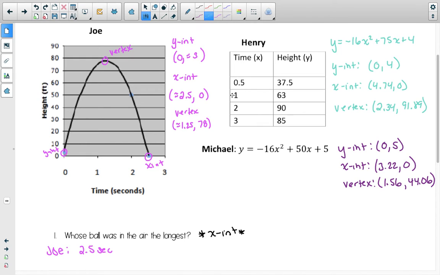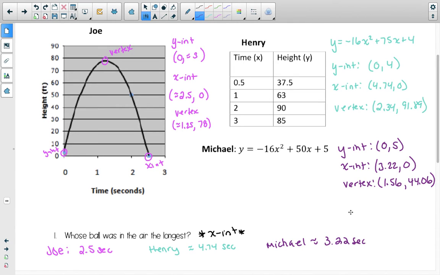Then we have Henry, which was roughly 4 and 74 hundredths seconds. And then we have Michael, which was approximately 3 and 22 hundredths seconds.